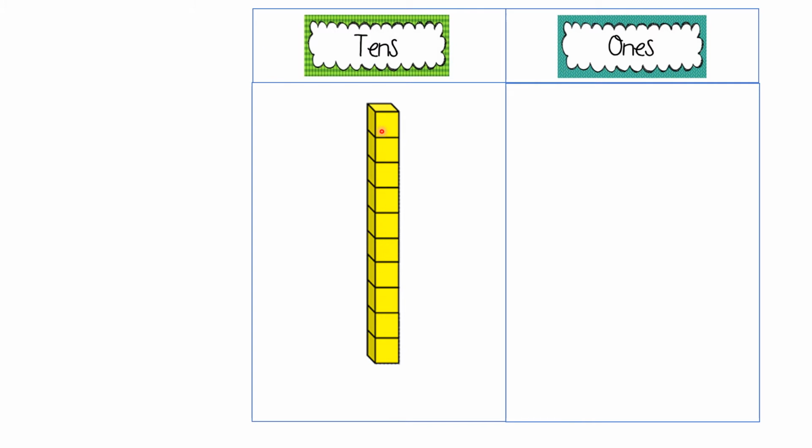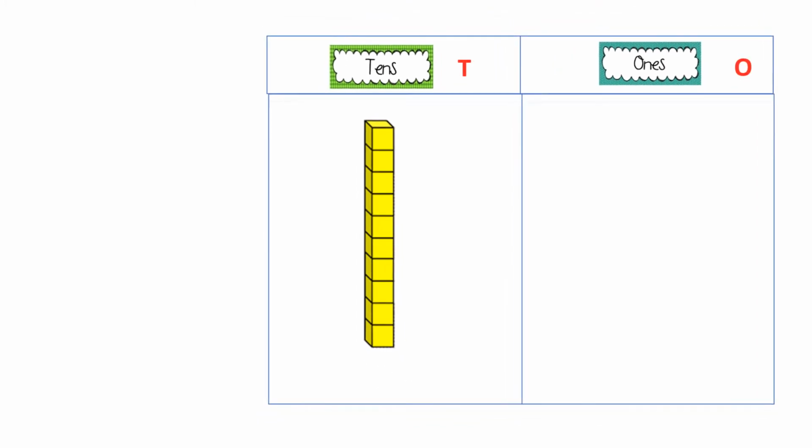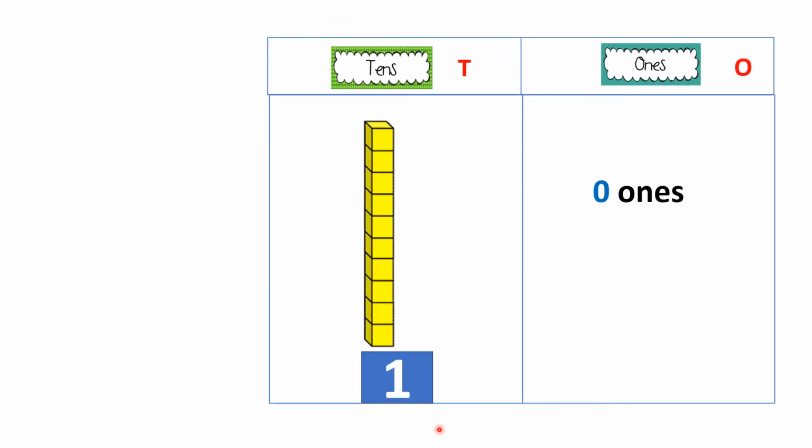All the unit blocks together make one ten. So now we write it as 1 ten, which equals 10. You see here, it is 1 ten and 0 ones, which means it is 10.